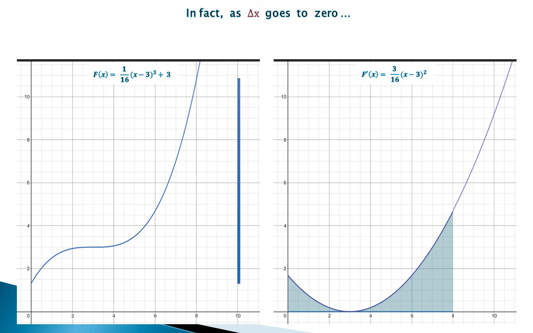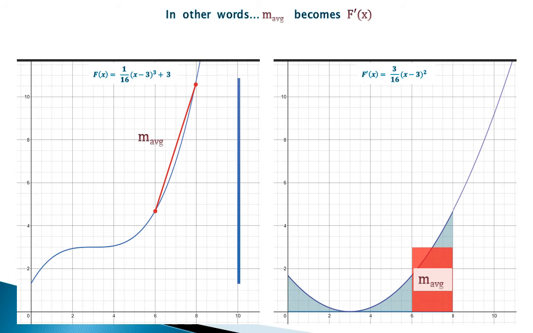In fact, as delta x goes to 0, the average slope of f of x becomes the derivative of f of x. In other words, the average slope becomes f prime of x.